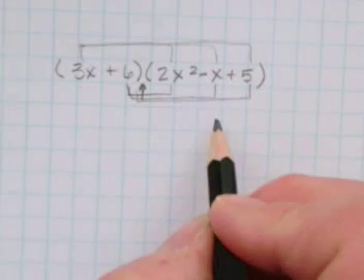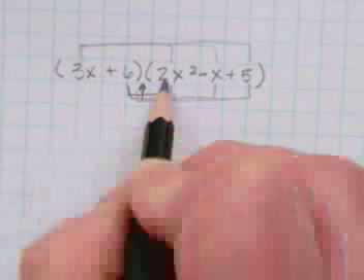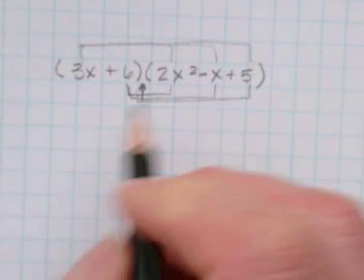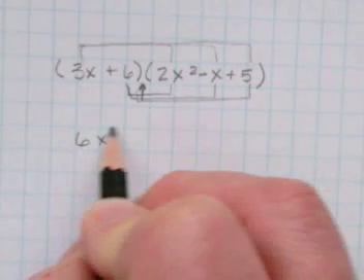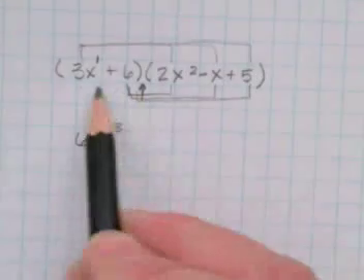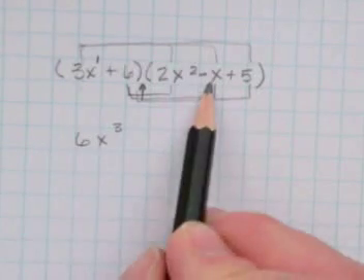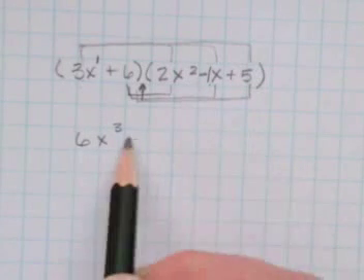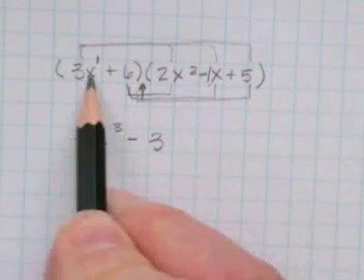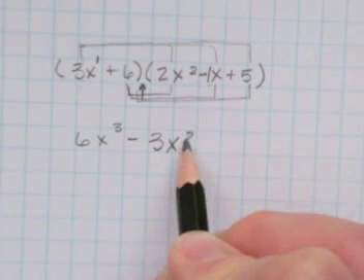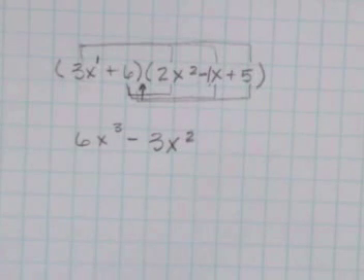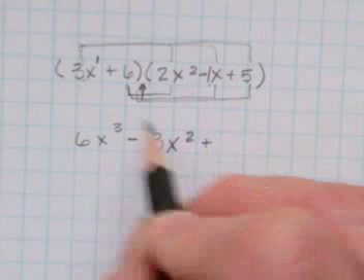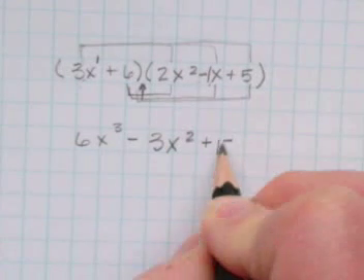So let's do this without the box first. 3x times 2x squared means I multiply my coefficients and I add my exponents. 3x to the first times negative x, I multiply my coefficients, 3 times negative 1, and I add my exponents, and I get negative 3x squared. 3x to the first times 5, I multiply my coefficients of 3 and 5 and get 15x to the first.